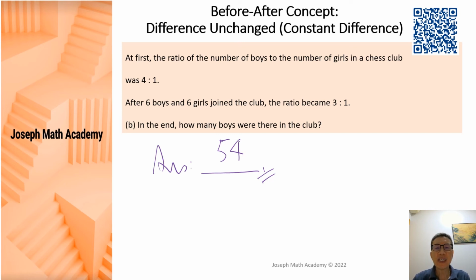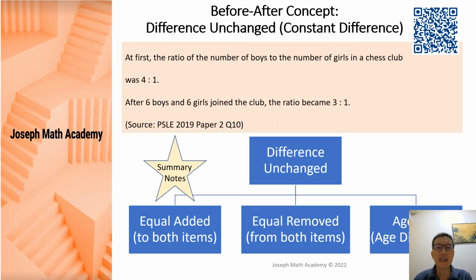Now, after knowing the answer for part A and part B, we know that this question is involving equal added. So when it is equal added, immediately we know that it is the difference unchanged concept. For the difference unchanged concept, there are a few clues that we need to retrieve from the question.